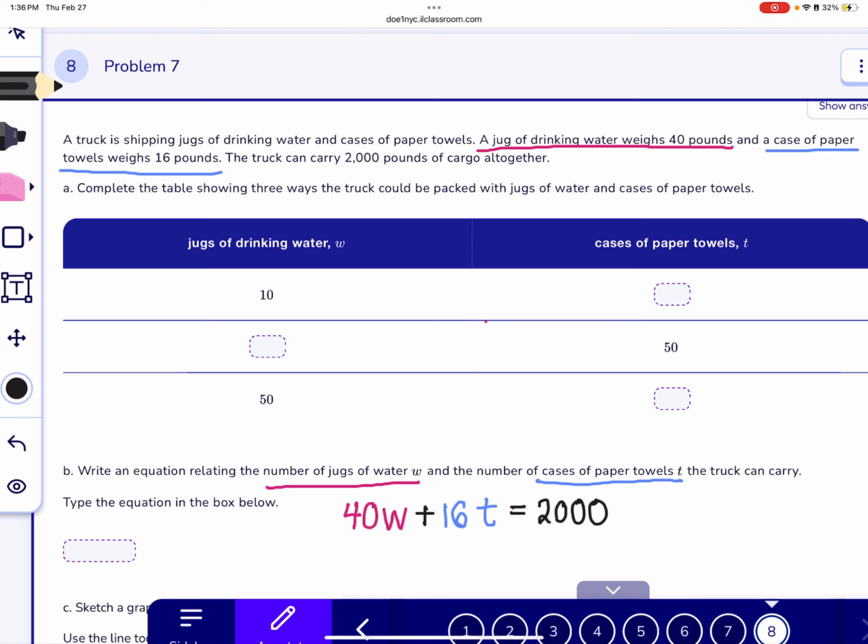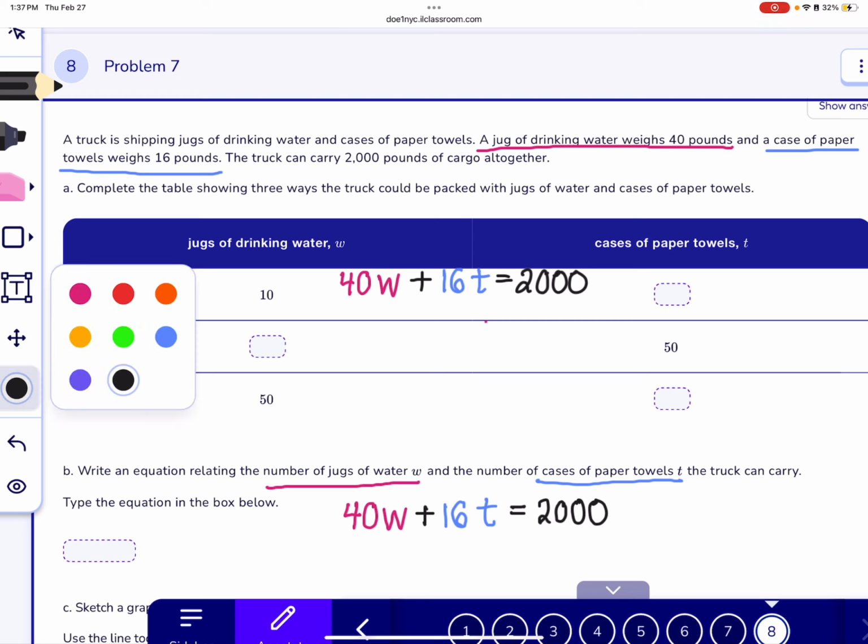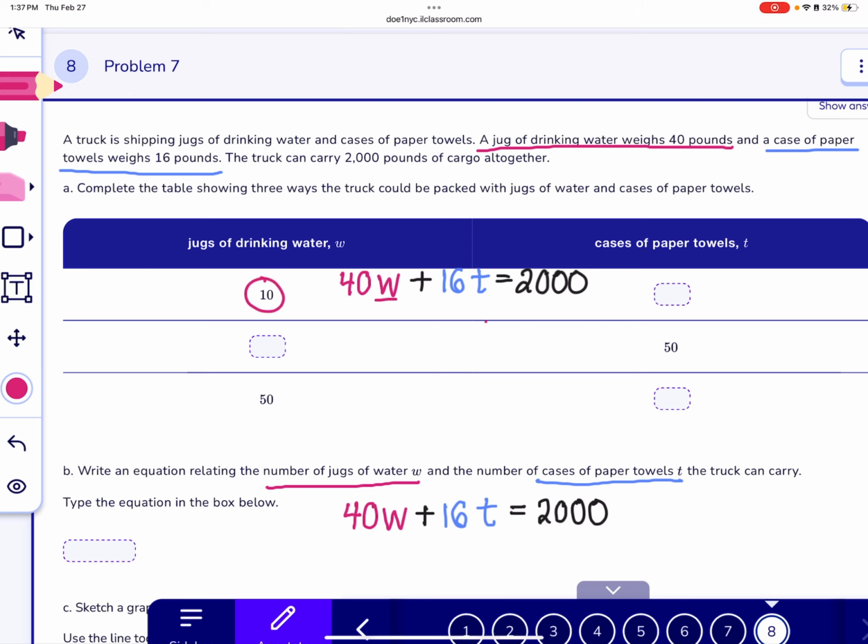So if I were to write the equation out again, our 40W plus 16T equal 2,000, we can then plug in the W as 10 and solve for our T. Okay, so we already know that 40 times 10 is 400.